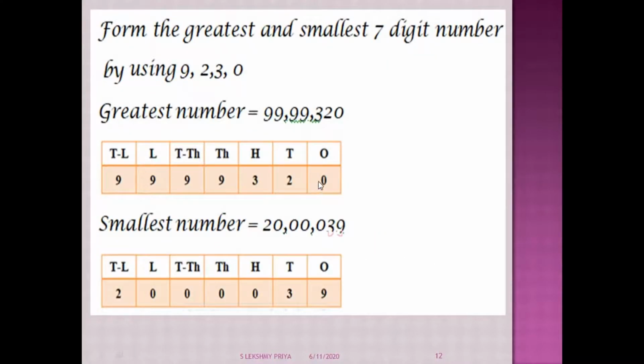One more example. Form the greatest and the smallest 7-digit number by using 9, 2, 3 and 0. Here 4 digits are given. 0 is also present. You can form the greatest number directly, right? The least digit is 0, so 0 will be in the ones place. Then 2 in the tens place, 3 in the hundreds place, 9 in the thousands place.